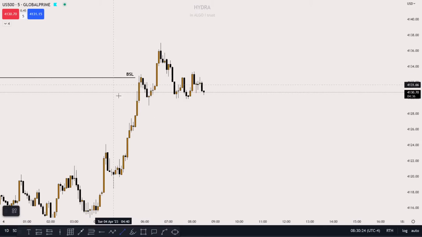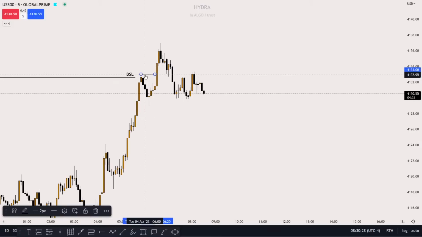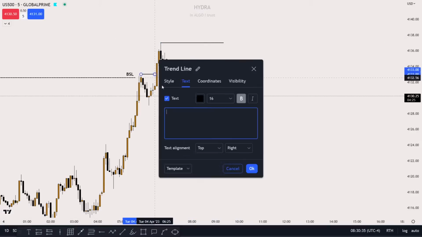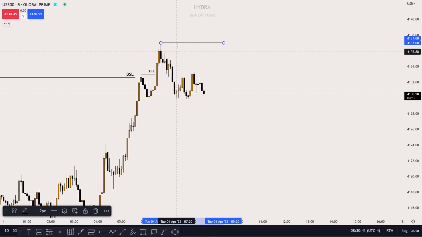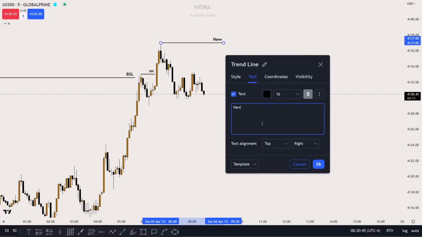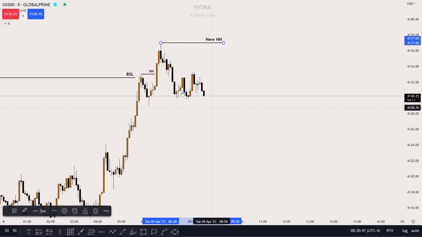So price did a stop hunt in this buy side liquidity, then price generated another equal high and went above it, right? So this becomes our new equal high. This is our higher high, and this is our new higher high. So this down close candle becomes our breaker block.